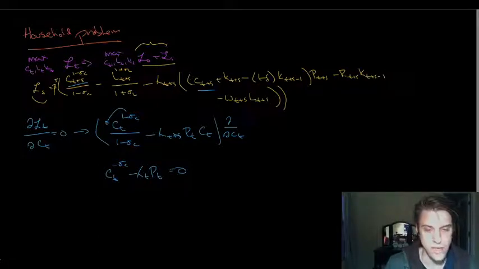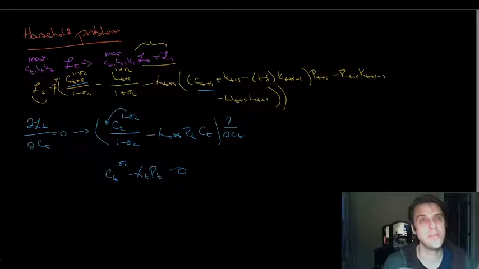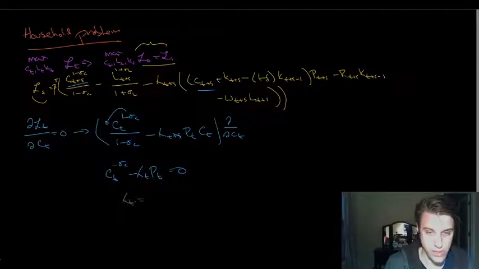We can solve for lambda. I should say that you shouldn't leave lambda floating around in your first order conditions, okay? We want to eliminate that. So let's solve for lambda just by bringing this over to the left. So we'll get lambda_t P_t is equal to C_t to the minus sigma c, and then lambda_t is equal to C_t to the minus sigma c over P_t.